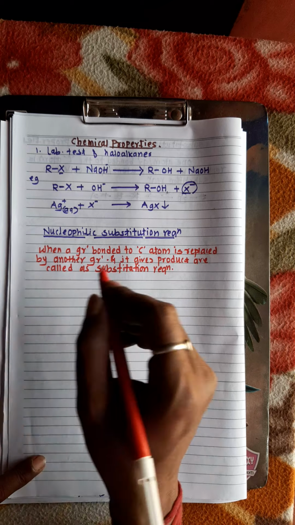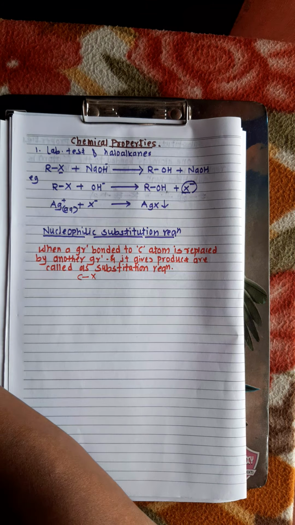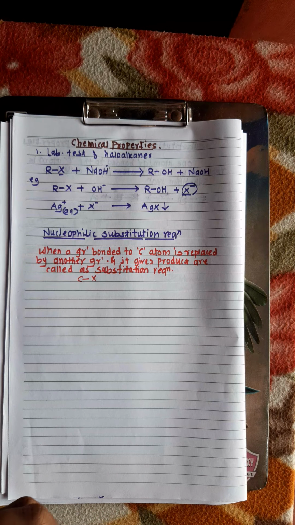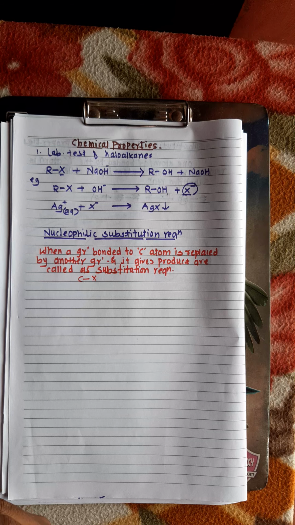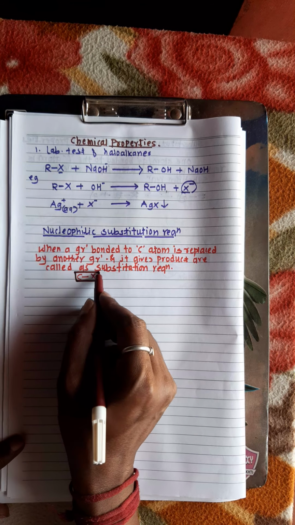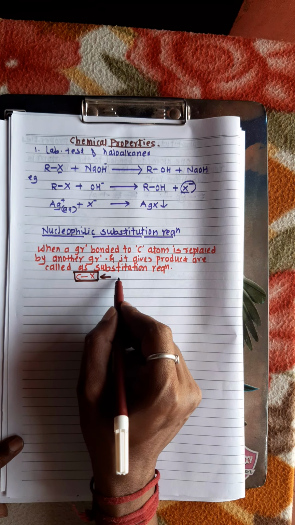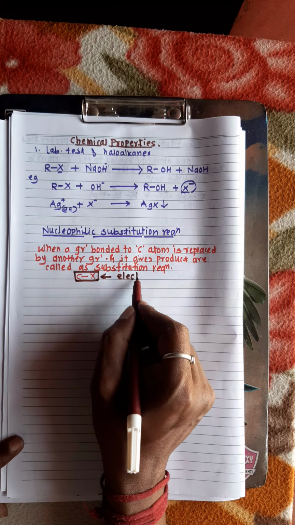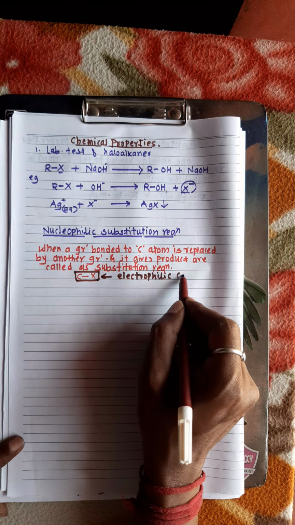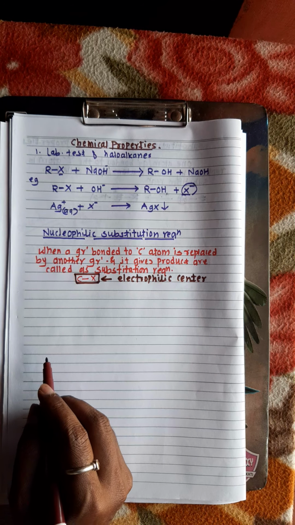We know that the C-X bond is a polar covalent bond. Hence, the C-X bond in alkyl halide is an electrophilic center where the actual reaction takes place.